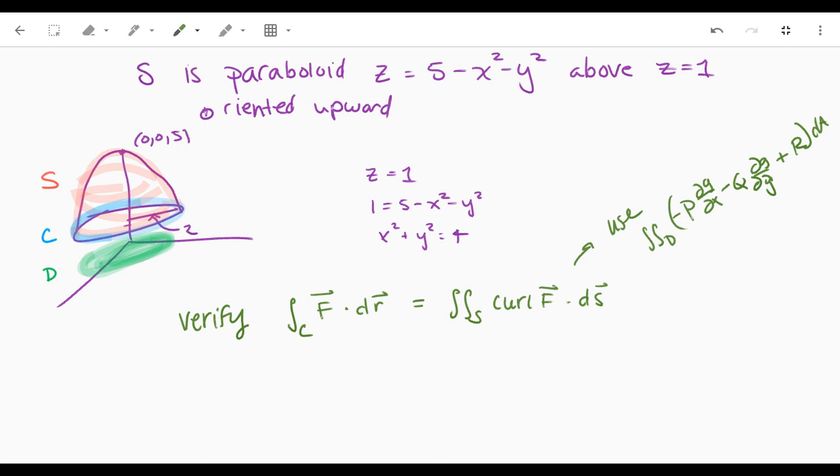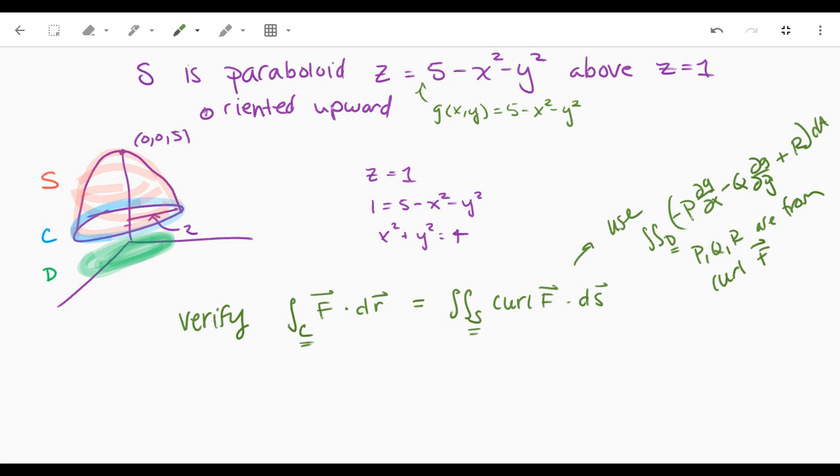Okay, where P, Q, and R are from the curl of F. I just want to make it super clear that those don't come from F, they come from the curl of F. Okay. All right. So again, there's your little subscripts, C, S, and D. And visually on that sketch, you can see what we're talking about there. Again, G is just the surface. I think we're good. Okay.